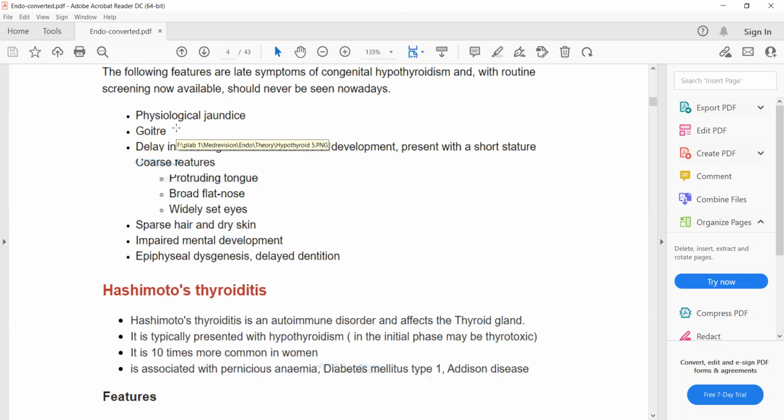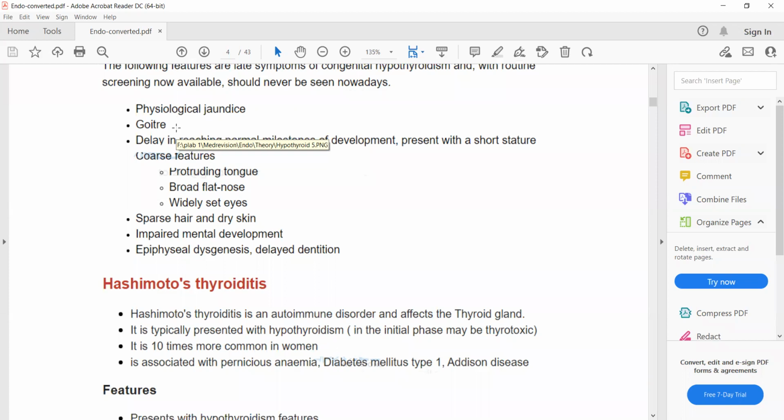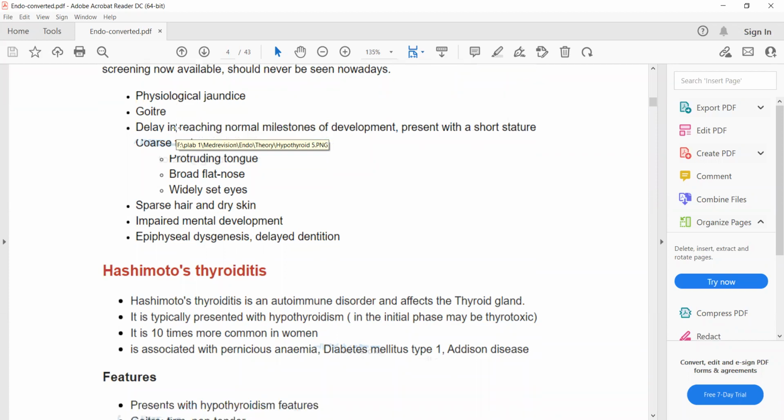So in hypothyroidism, the hair will be sparse, and thyroid hormone also causes a deposition of subcutaneous fluid, glycosaminoglycans, and mucopolysaccharides. So a deficiency of thyroid hormone will result in dry skin.